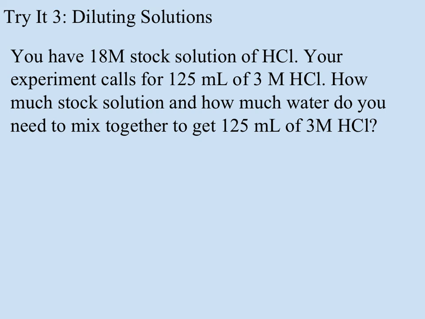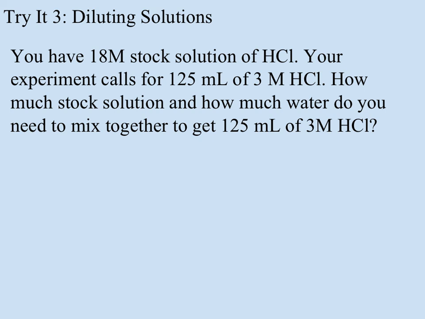So there's no need for me to change this to liters. I can just leave it as milliliters, as long as I know that means my other volume will also be expressed in milliliters. So solving for X, I'm going to take 3 times 125 divided by 18, and that means X is 20.8 milliliters. That's how much stock solution I use.